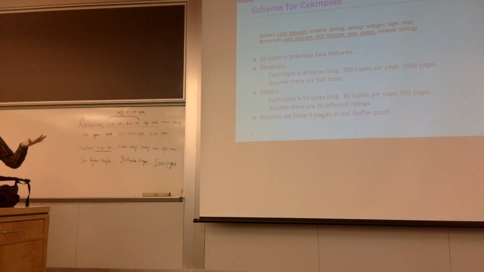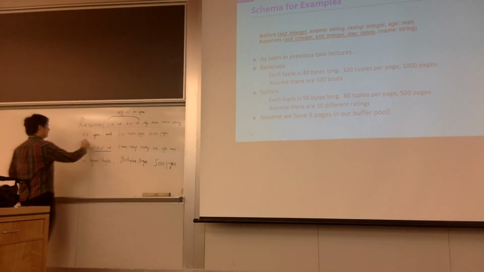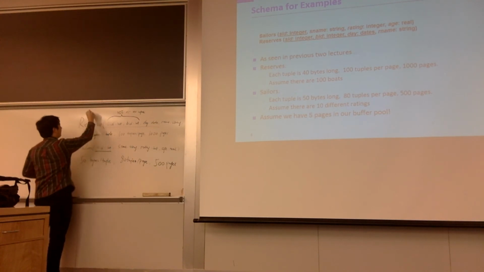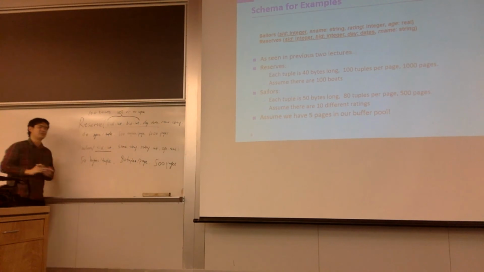So here, for the example, we still use the very same schema, and we have a bunch of new statistics about them. Let's say we have 100 votes. That means we have 100 different BIDs.